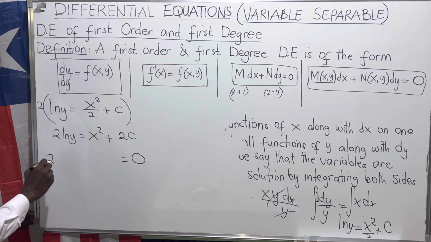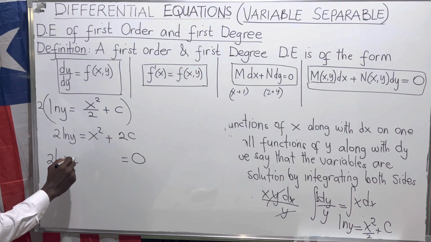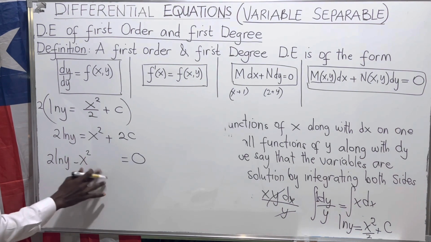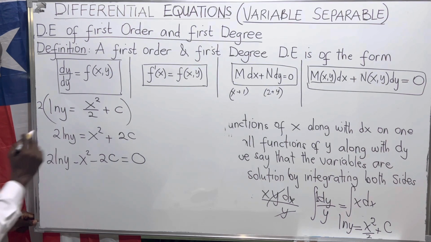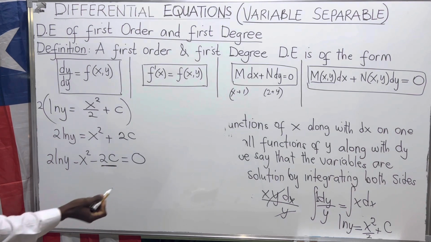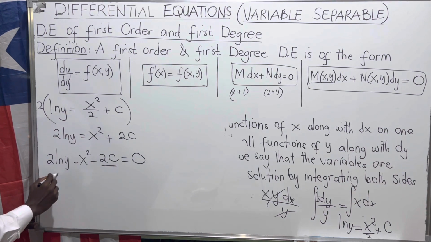So you have 2 ln of y minus x squared minus 2c, right? So you can rewrite this entire 2c portion as just c.